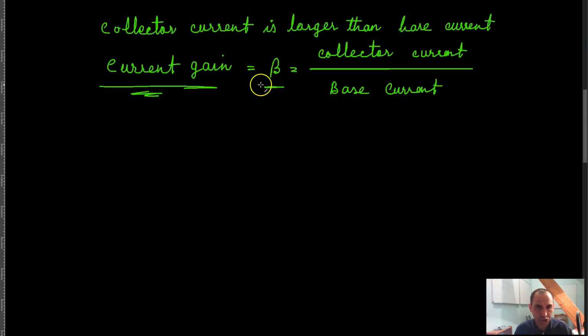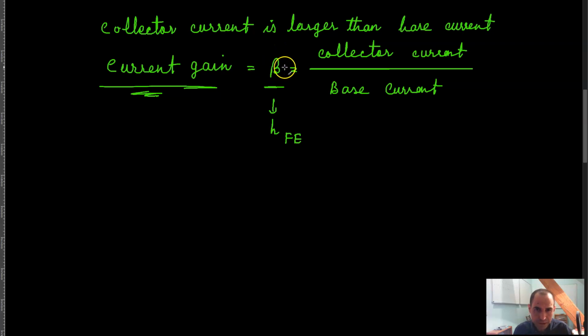Of course, this current gain, or your beta, which is also sometimes called h_FE, is something that you can look up in the data sheet of your transistor as well. For example, for some transistor your beta is 50, for some transistor it is 100, for some 20, 30, and so on and so forth, depending on what sort of transistor you're looking at.